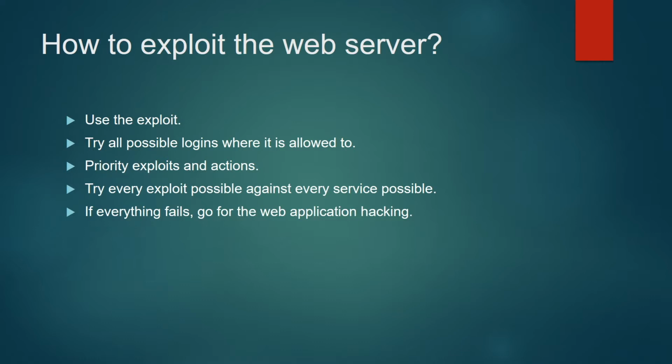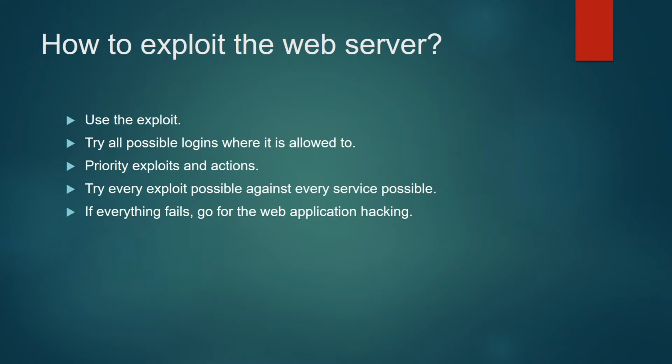We can also visit the web applications and try logins over there, because from the web applications we can gain access and touch things at the bottom level, the web servers and the other services of the machine. From the web application we can actually control and use the machine. So it's very good if we can manage to get something from the web applications. It's always a good practice to try all the possible logins where it's possible.